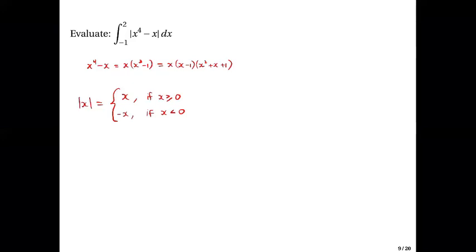So if the expression inside the absolute value is some p of x, you also need to do that. It will just be p of x if p of x is greater than or equal to 0. And it should be negative p of x if p of x is less than 0. So that's what we're going to do.